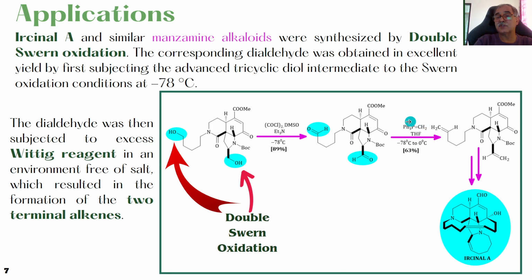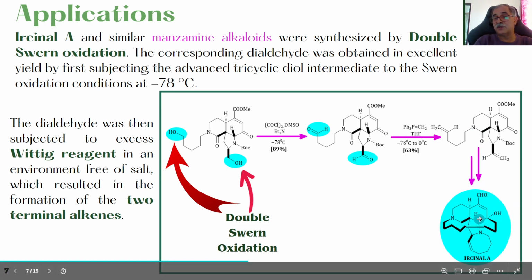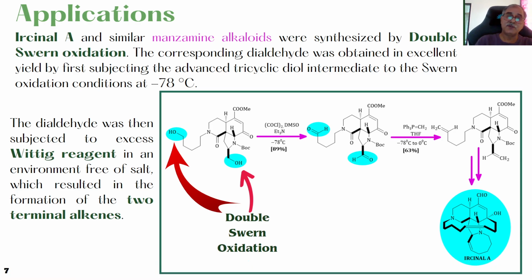This phosphorylide was used for the conversion of these carbonyls into these alkenes. So these terminal alkenes were formed, and through different reactions they were further converted into this very important biologically active alkaloid.